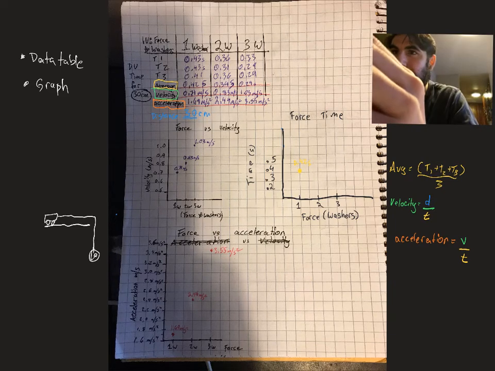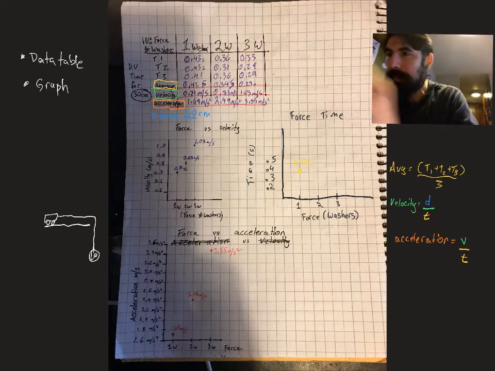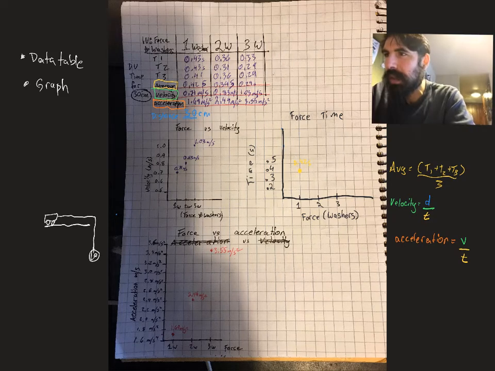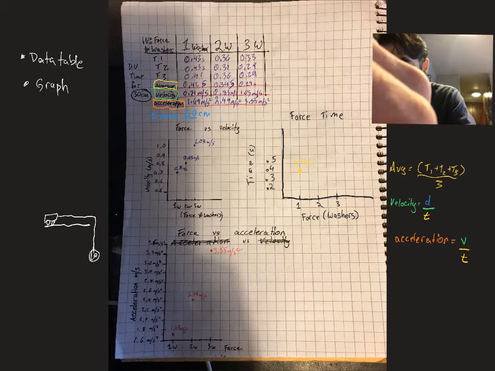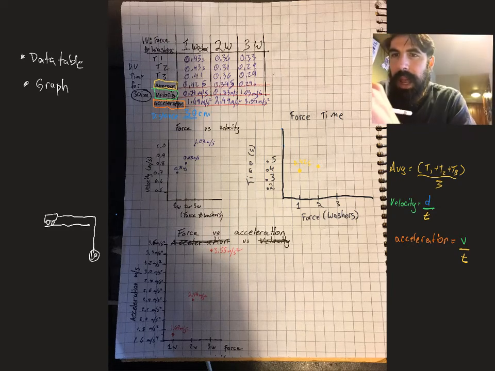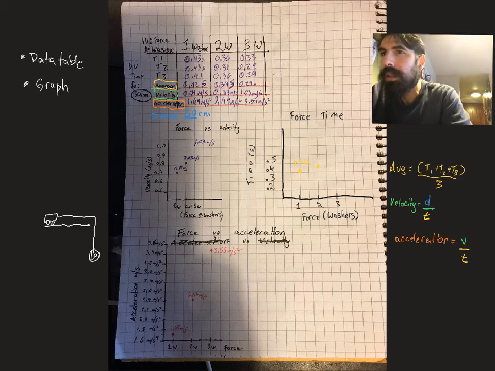For 2 washers, my average time was 0.34 seconds. So I'm going to put that right up here between 3 and 4, right by 2. And then my average time for 3 washers was 0.29 seconds.